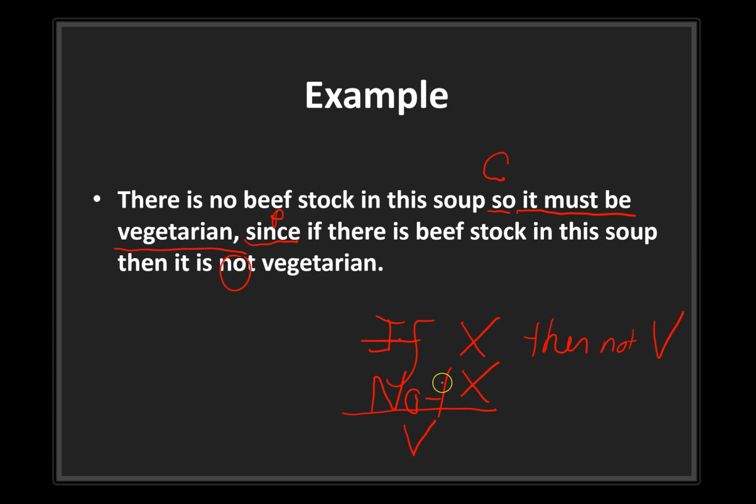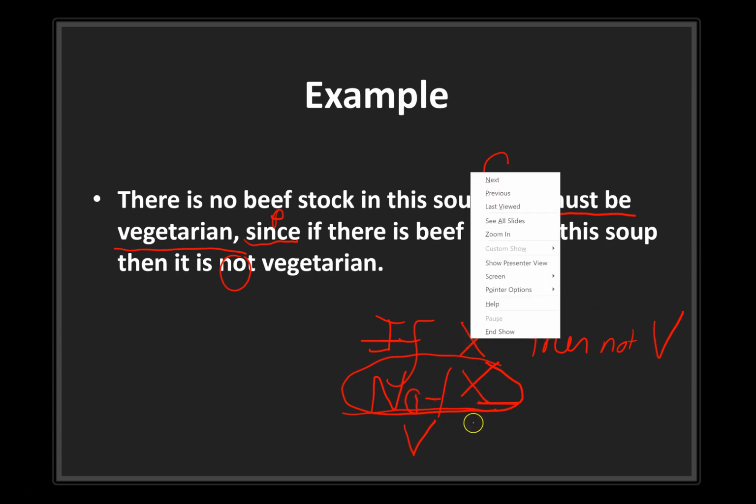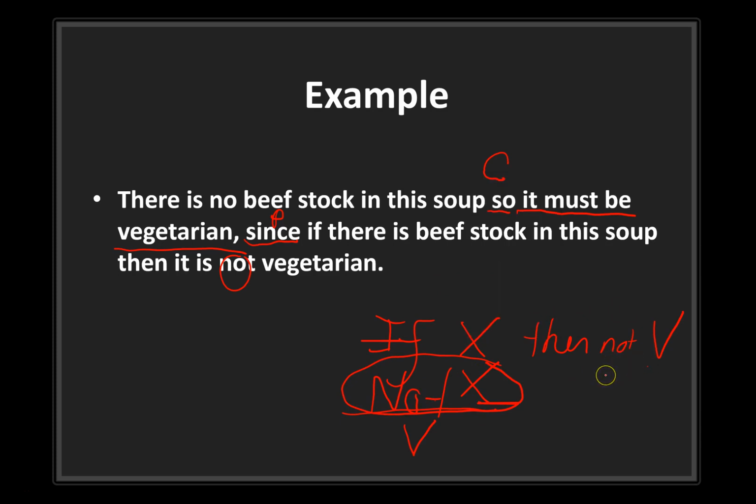But don't let it. The invalid forms are named after what the other premise is doing, right? So if X, then Y, and then you're denying the antecedent in order to deny the consequent. And denying, if you say not V, that just means V. I know I snuck V in there instead of Y, but hopefully you get the point here.